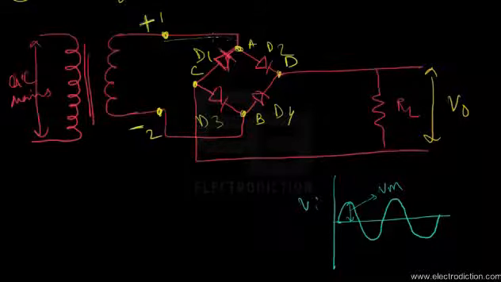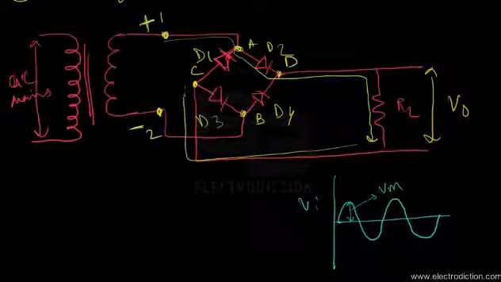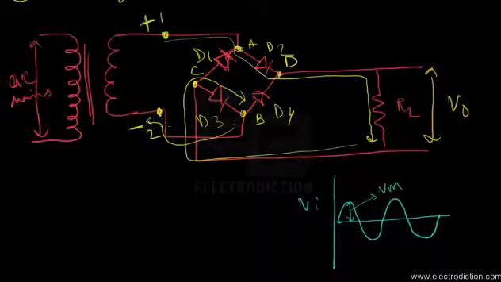During this half cycle, current flows through diode D2 and through the load resistance to node C, then through diode D3, and finally back to terminal 2 of the transformer. This generates an output voltage of the polarity that looks somewhat like this, since this is the direction of the current flow.